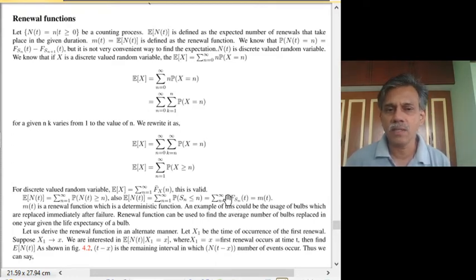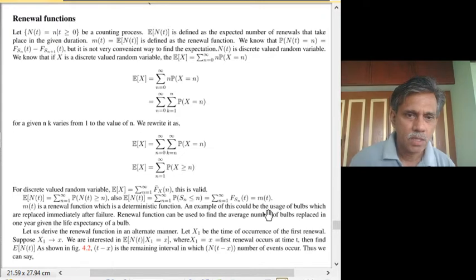Once you have all these things, and you add them up, you will get the renewal function. And if you evaluate it at t equal to 1 year, you will know the expected number of bulbs you have to put into use in 1 year. So that is the advantage of dealing with the renewal function.